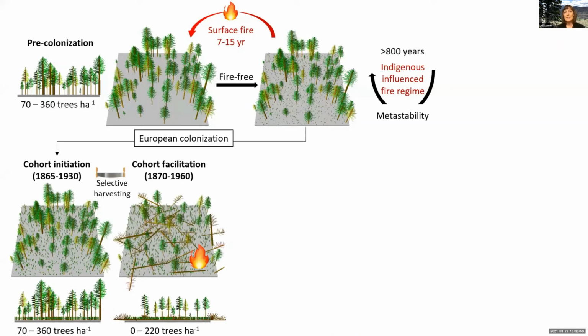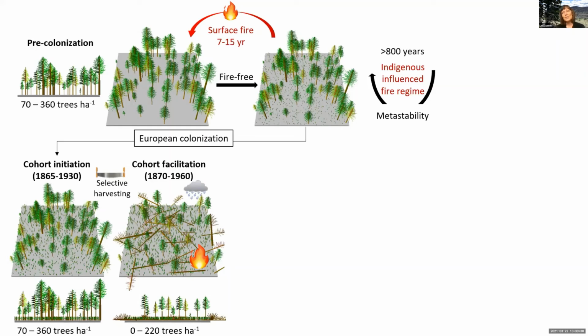They were facilitated by both selective harvesting and in particular high grading of the large ponderosa pines and western larches, as well as some Douglas firs from the area or from the stands. And that combination of selective harvesting and surface fires, either before or after the harvesting, exposed mineral soil and provided opportunities for colonization or establishment of high densities of seedlings, primarily Douglas fir.